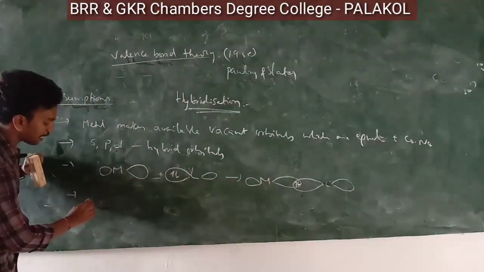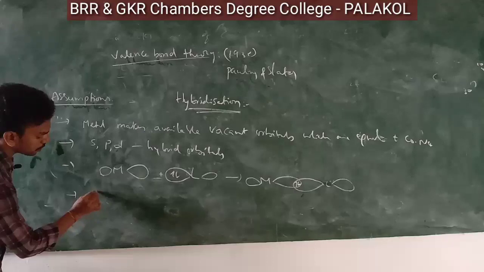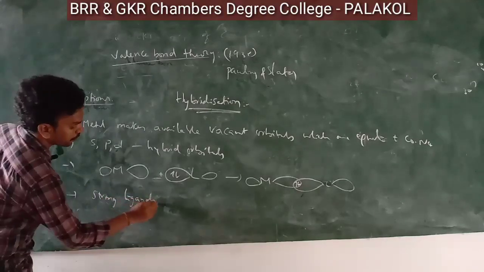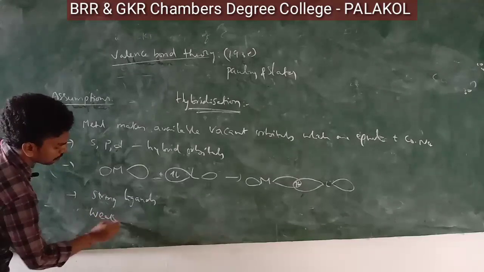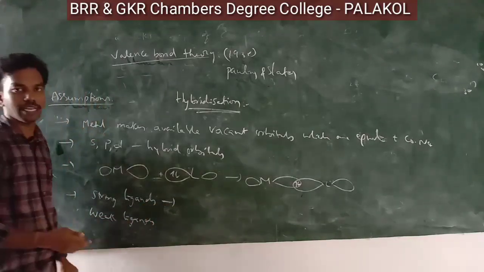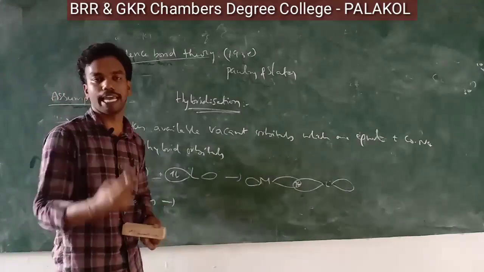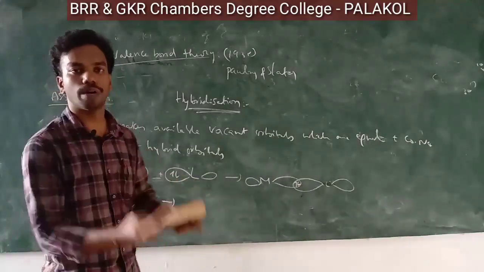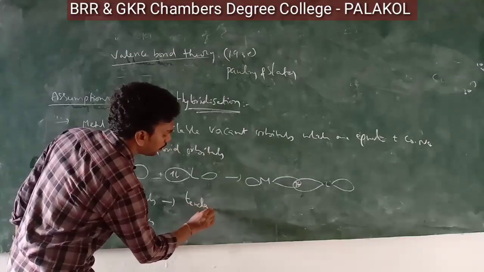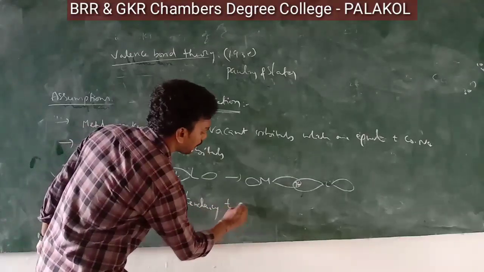Ligands are classified into two types: strong ligands and weak ligands. What are strong ligands? Those with a tendency to pair electrons.